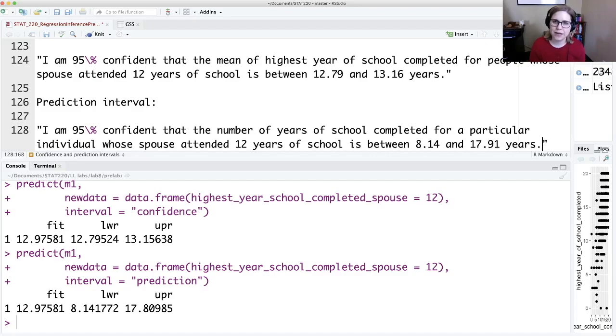So if I have to make a guess about a particular person, I'm going to give a wider interval. I'm going to say it's between, they did 8th grade and they got all the way through college and they did some graduate school.